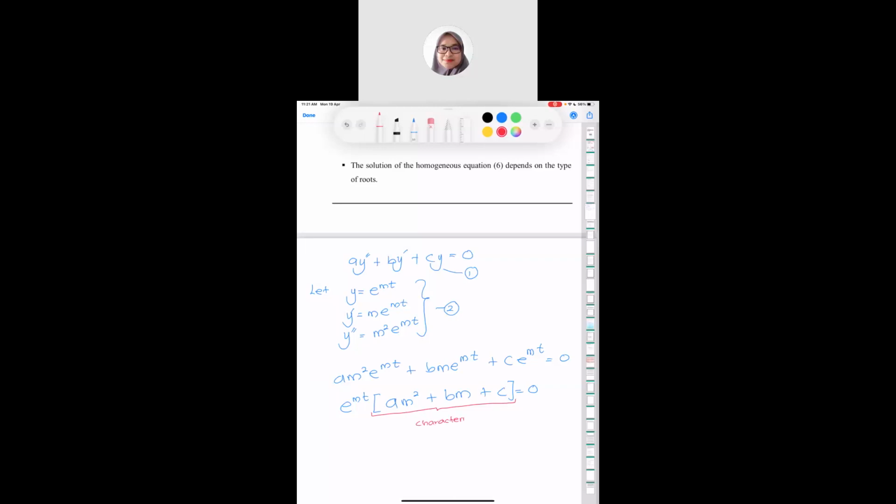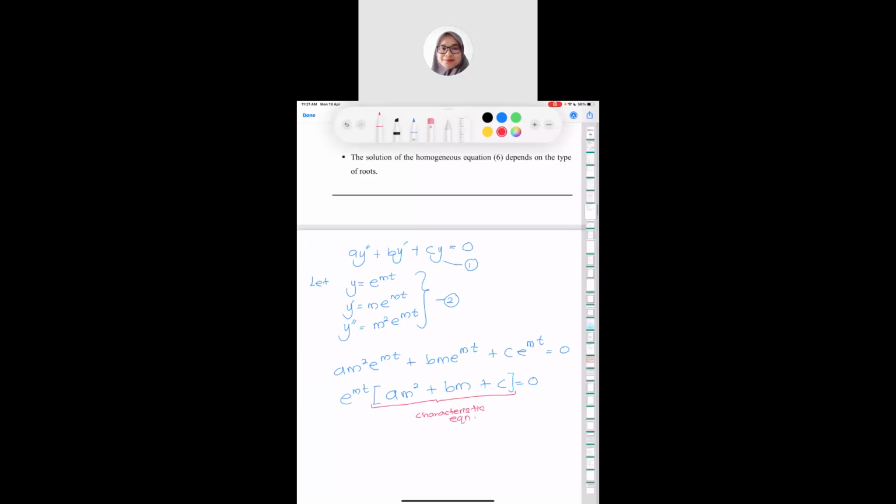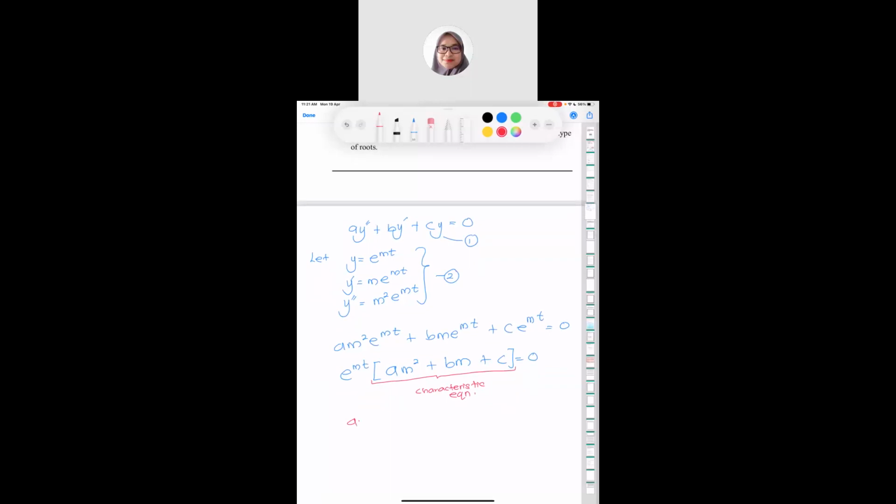Kita ambil am² + bm + c = 0. So this is characteristic equation. So you have quadratic equation. Kita boleh dapatkan nilai m, dapatkan nilai m untuk dapatkan roots.